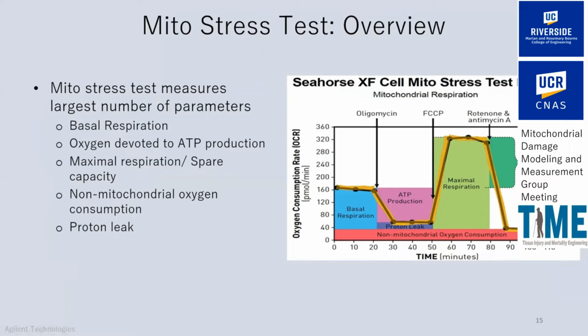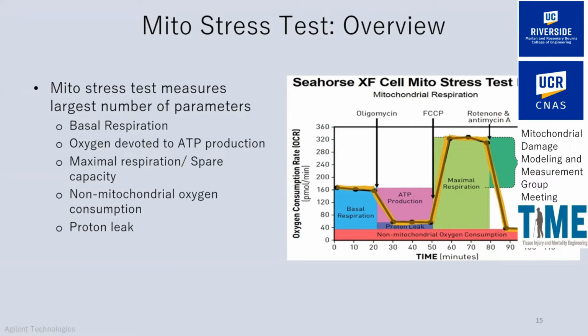Specifically, you can measure the basal respiration of your cells. You can measure the oxygen they devote to ATP production. You can measure the maximum respiration and their spare capacity, non-mitochondrial oxygen consumption, and proton leak. And I'll be talking about each one of these in detail in just a few minutes.